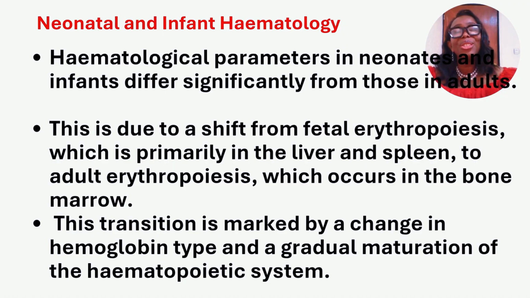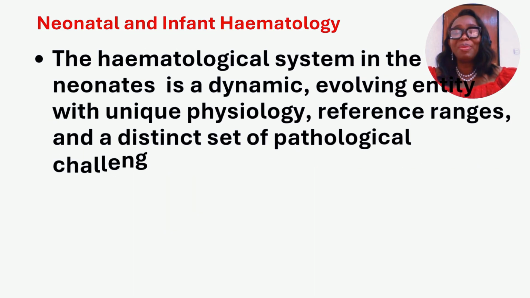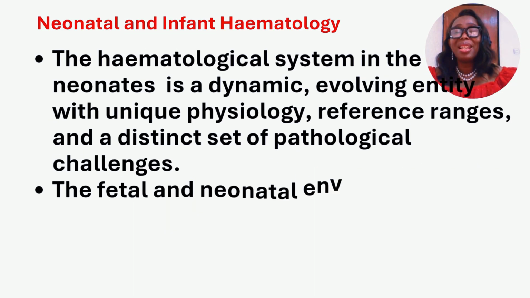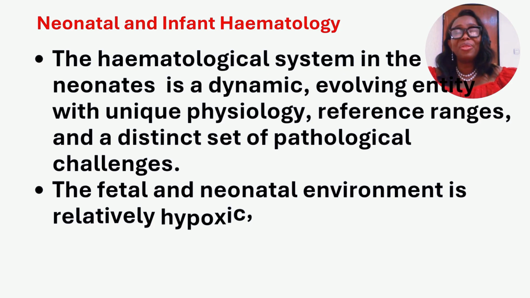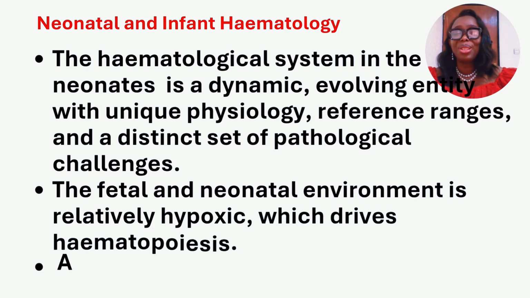The transition from fetal erythropoiesis to adult erythropoiesis is marked by a change in hemoglobin type and a gradual maturation of the hematopoietic system. The hematological system in the neonates is a dynamic evolving event with unique physiology.